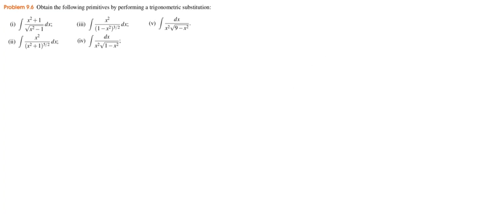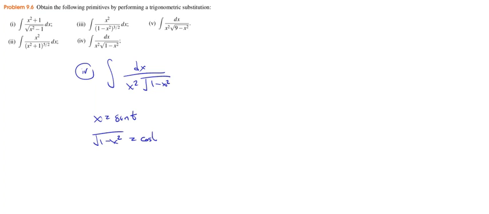and now let's do part 4, the primitive of 1 over x squared times the square root of 1 minus x squared. Again, x is the sine of t, the square root of 1 minus x squared is the cosine of t, dx is cosine of t dt, and so this is equal to cosine divided by the cosine, so dt divided by the sine squared of t.